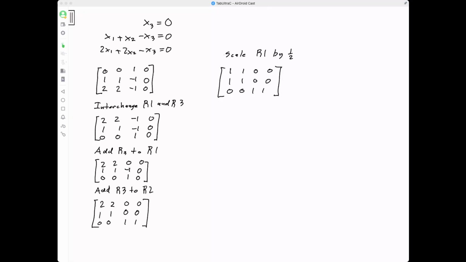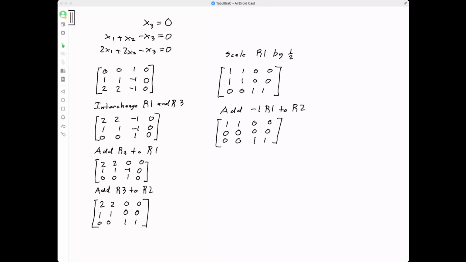Now we add negative 1 times row 1 to row 2, which gives me 1, 1, 0, 0. That doesn't change. 1 plus a negative 1 gives me 0. 1 plus a negative 1 gives me 0. 0, 0, and 0, 0, 1, 1.